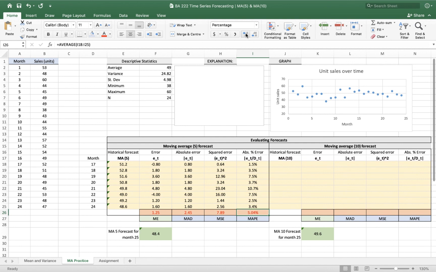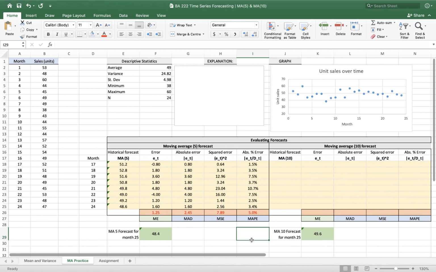The mean absolute percentage error just asks us how far off are we as a percent. It's probably our most intuitive measure. We're 5% off. Our forecasts are off by about 5%. So we overestimate by 1.25. That's our mean error, our measure of bias.